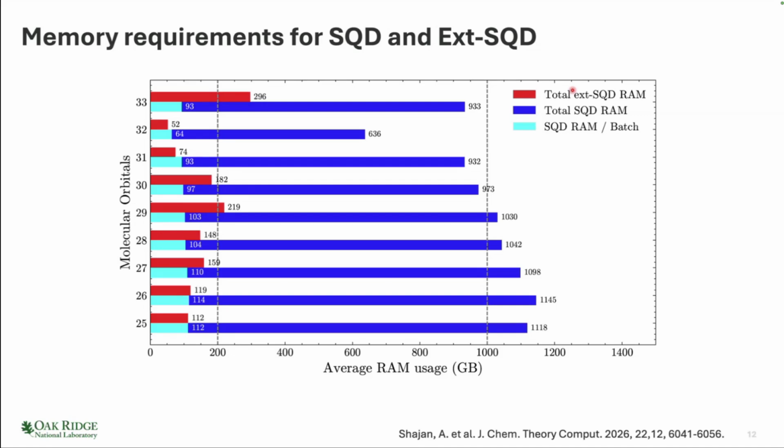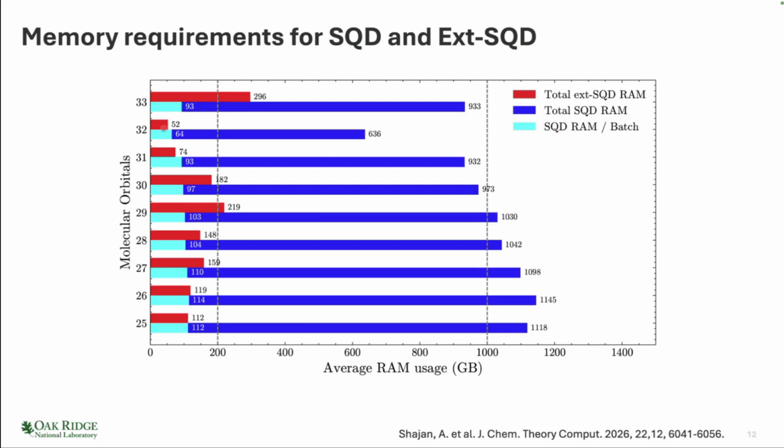So they were trading off memory, where these red extended SQD batch bars here represent a more accurate approach doing this extended SQD, but at the cost of higher total memory usage than these SQD RAM batches.